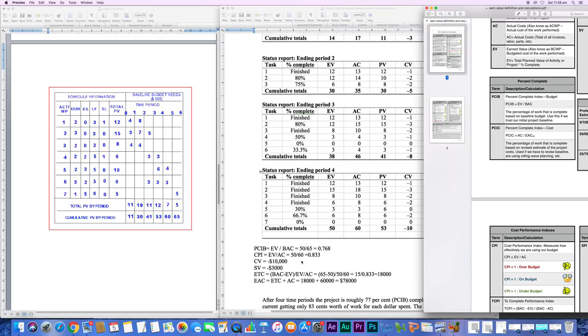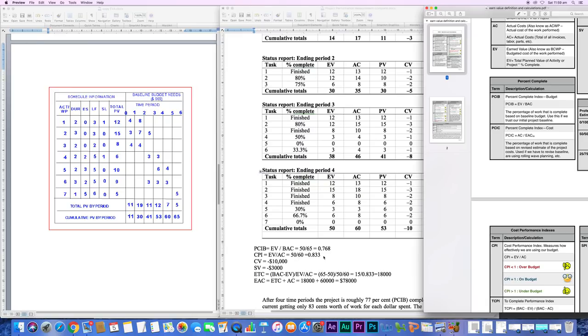So for every dollar of work planned today, how much we have completed, how much we have earned, how much we have achieved. So for every dollar we put in, we actually get 83.3 cents. 83.3 cents for every dollar that we pay. So we're not doing well. So these are the relative indexes.